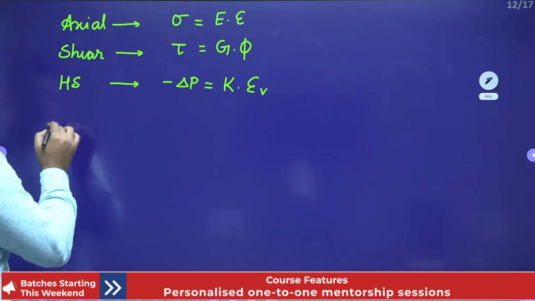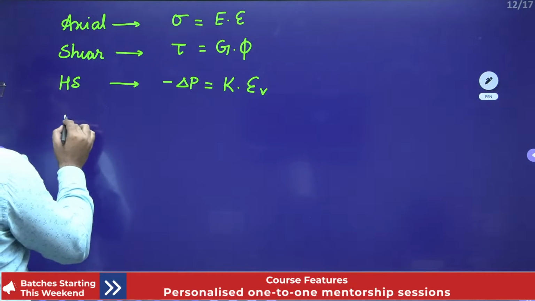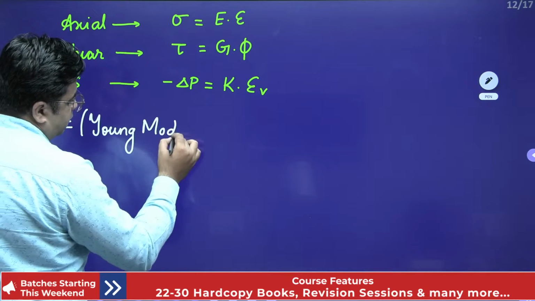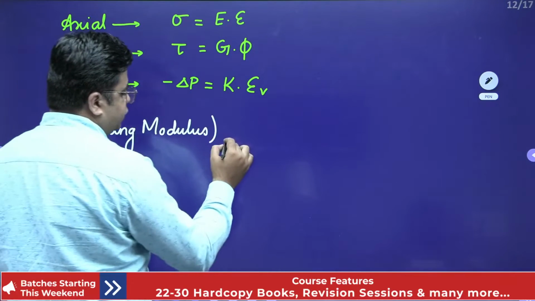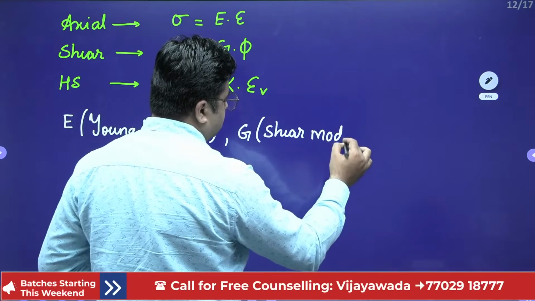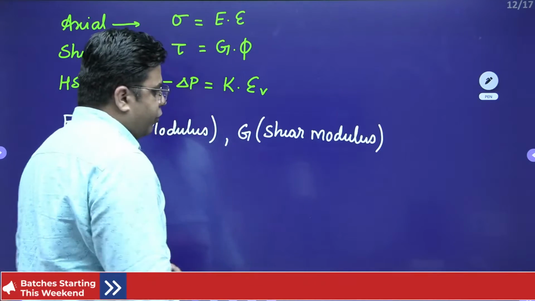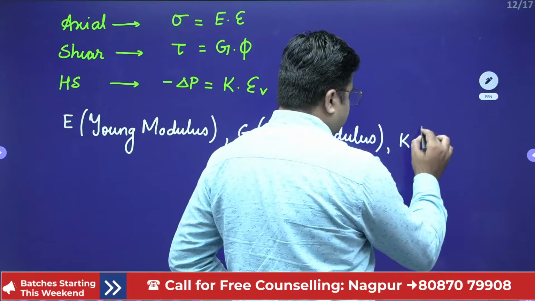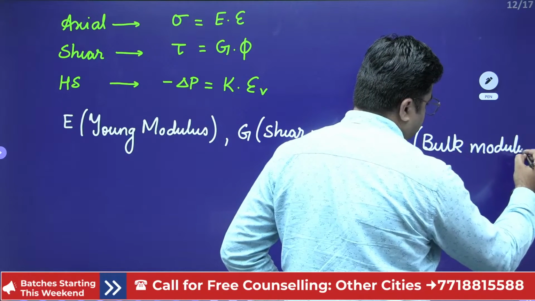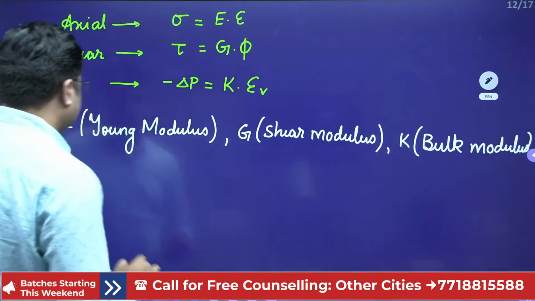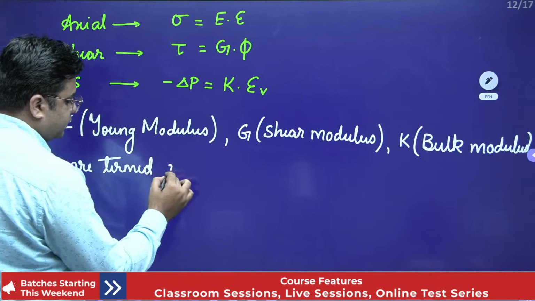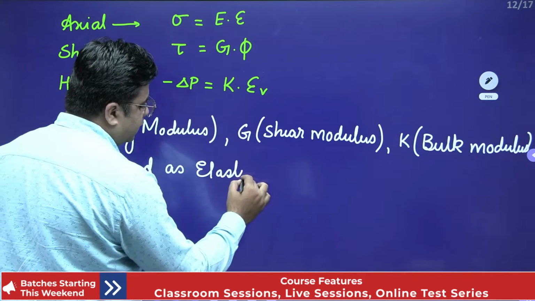E is Young's modulus, G is shear modulus or modulus of rigidity, K is bulk modulus. These are termed as elastic constants.